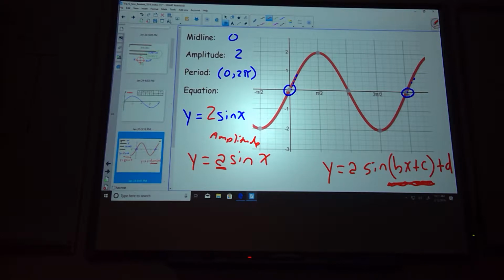When I say a little shady, not in a bad way, it's just that this graph will do everything that all the other graphs will do. It can stretch in the vertical direction, it can compress in the vertical direction, that's the amplitude. It can shift left or right, it can shift up or down, and it can flip upside down, or it can flip over the y-axis.